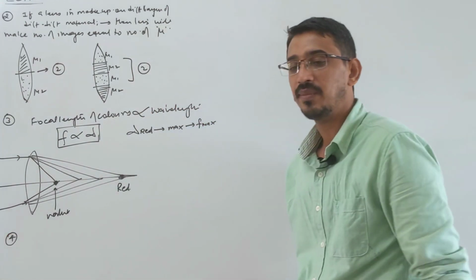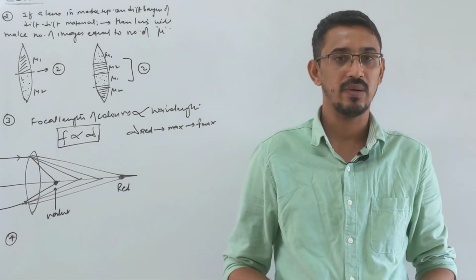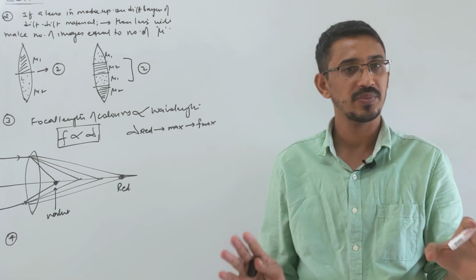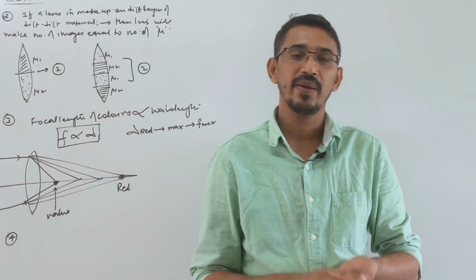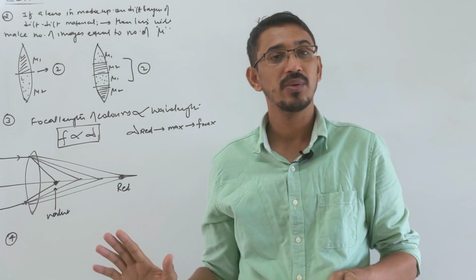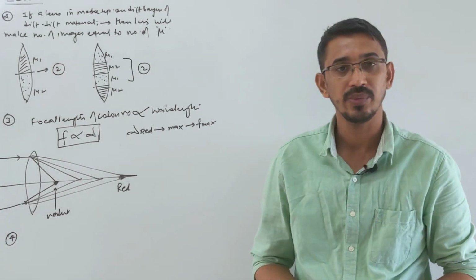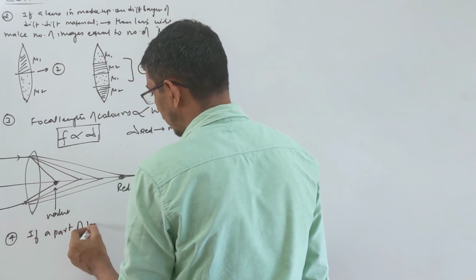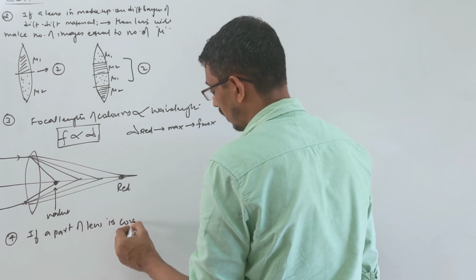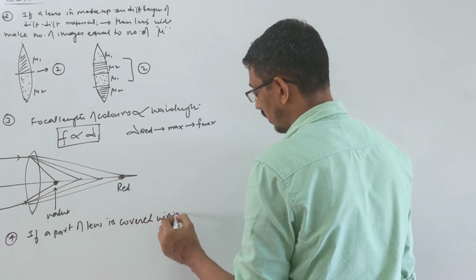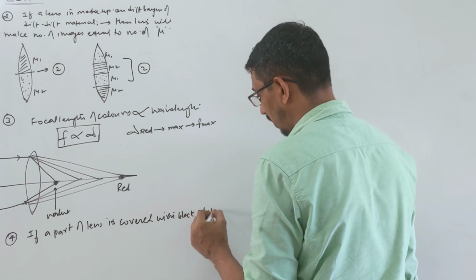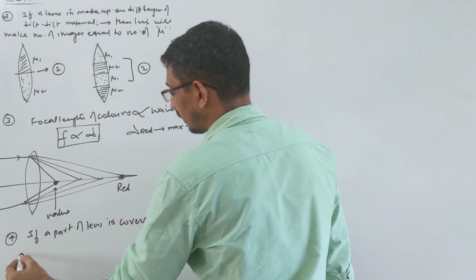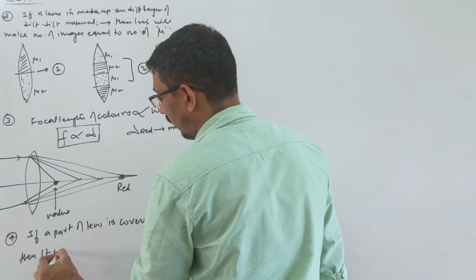Then what happens now, sometimes they say that a part of the lens is covered with black cloth. I told you that the intensity of light passing is directly proportional to aperture square or diameter square. If part of your lens is covered with black paper, then it will still make the image, but the intensity of the image will be reduced. So I am writing here: if a part of the lens is covered with black cloth or black paper, anything, so that light doesn't pass through that part, then it will make the full image.